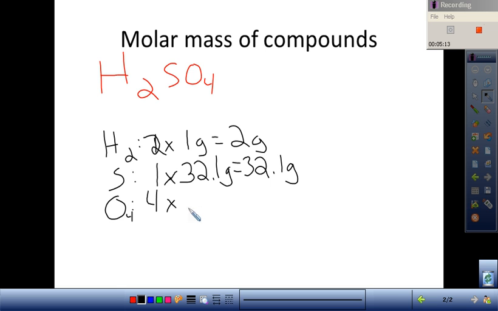I go to my periodic table to find the molar mass of oxygen. And it tells me it's 16. I'm going to multiply that across. Now I just need to add all of these together. 98.1 grams.